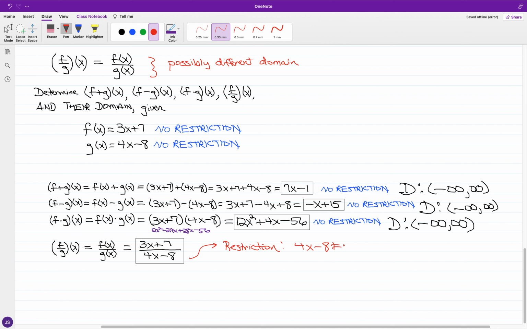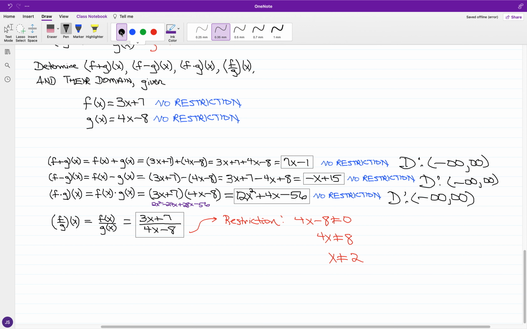So 4x minus 8 cannot be 0. So there is going to be a value in x that is going to be restricted. So 4x cannot be 8. And so it turns out that 2 is going to be excluded.